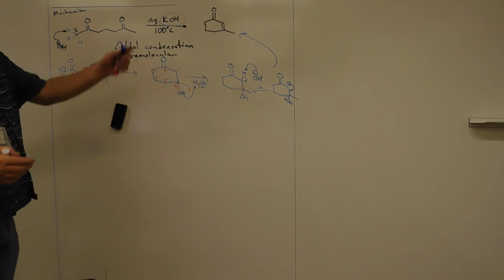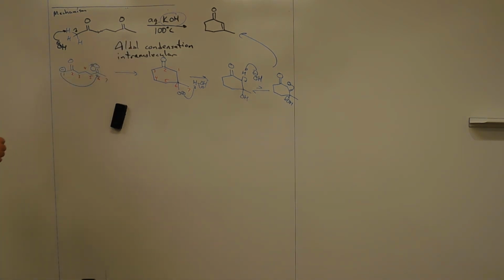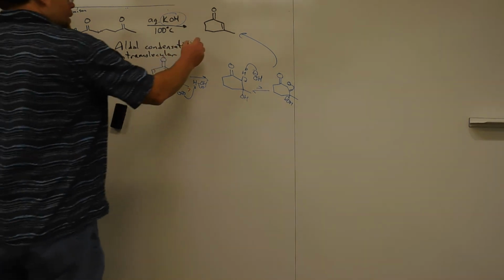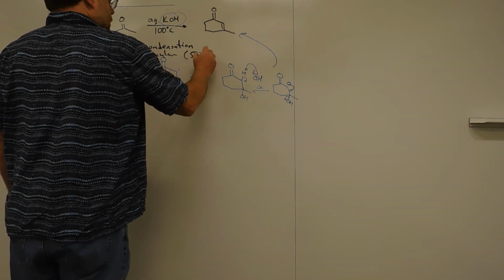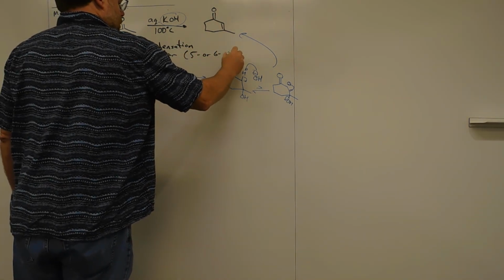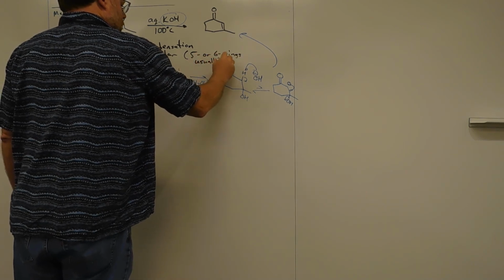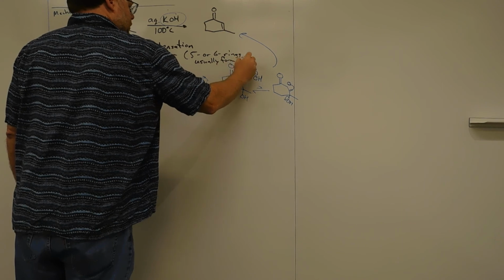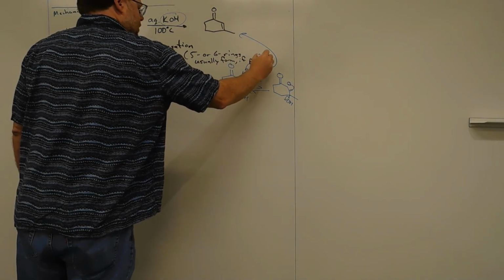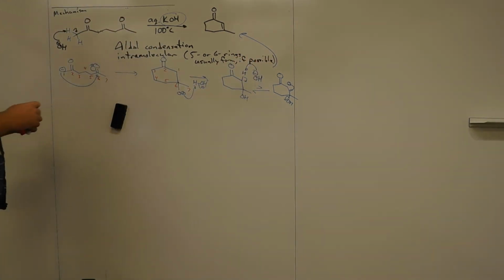You see a lot of 5- and 6-membered rings in organic chemistry. So if you have a reaction that can give you a 5- or 6-membered ring, it's very likely that that's going to happen.